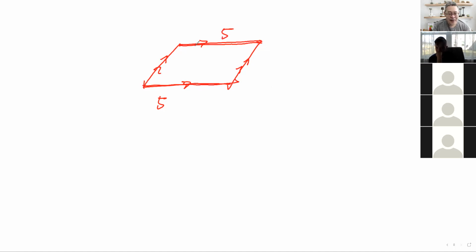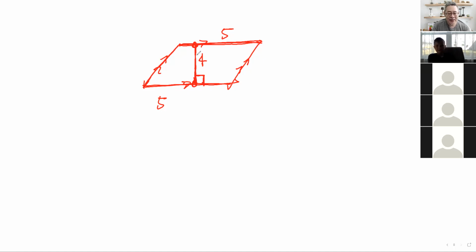And if the height is 4, height is always the distance between the two lines. That will make a perpendicular line here. We're not looking for this slanted line, we're looking for this line, which is the shortest distance between two lines.